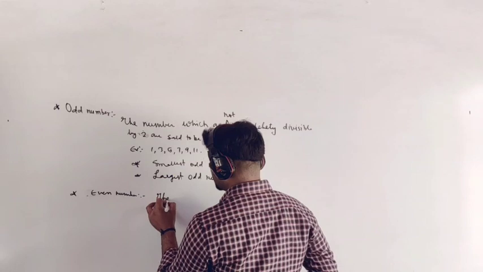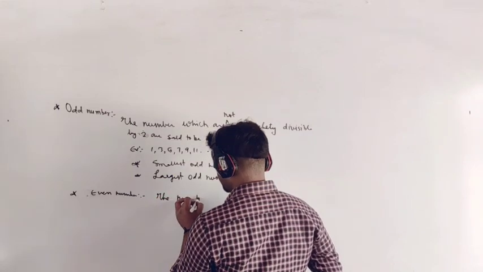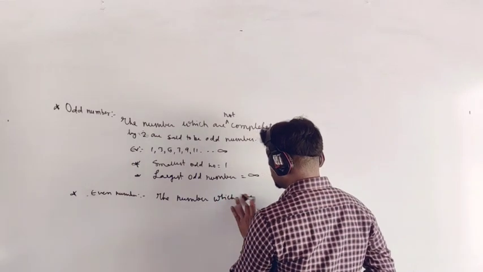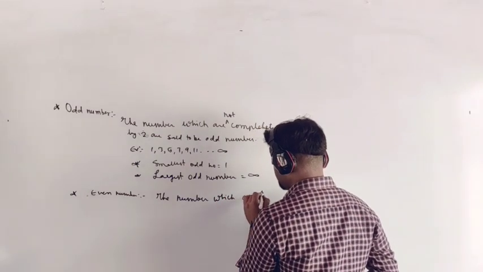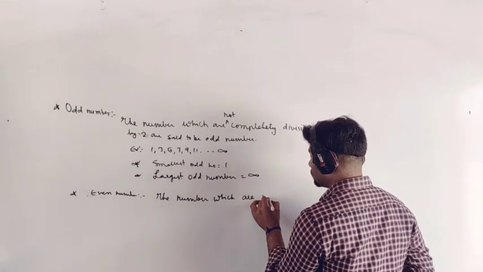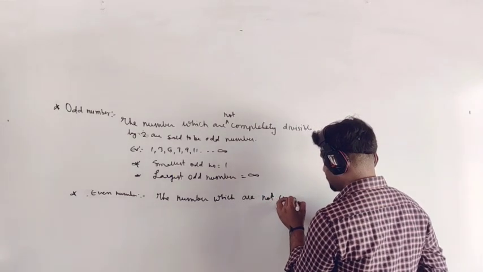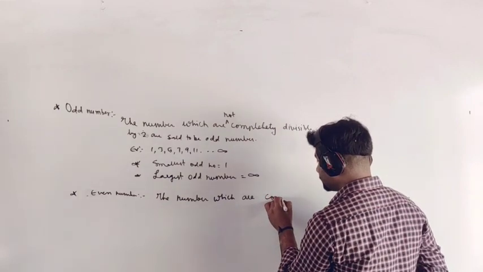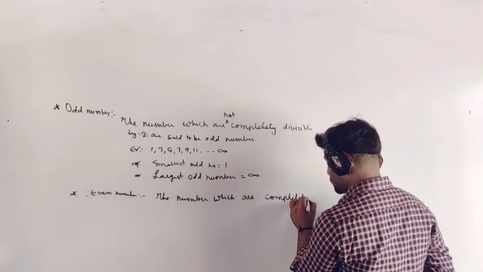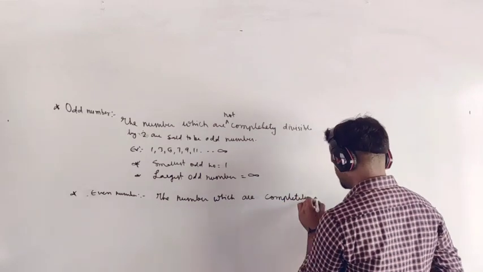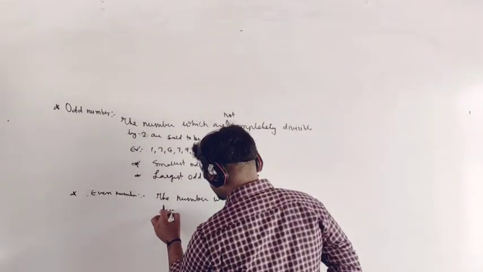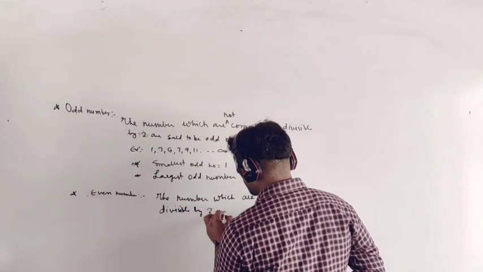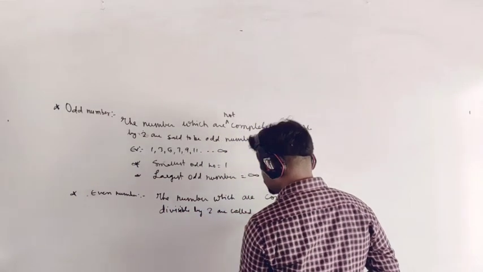The numbers which are completely divisible by 2 are called even numbers.